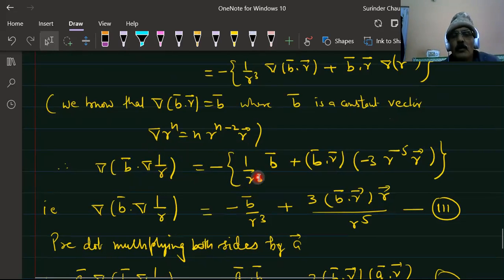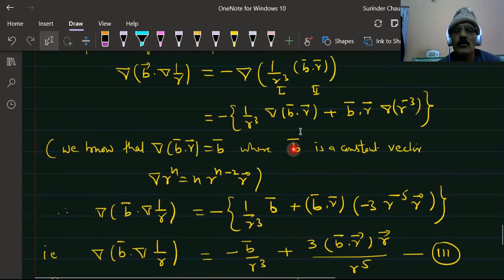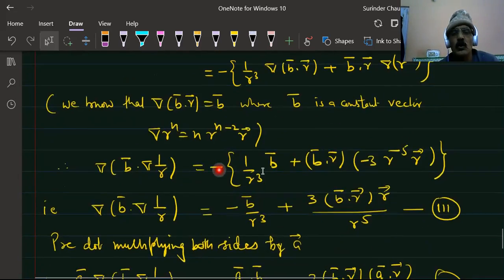Substitute the values. On simplification, we get the value of the gradient of b vector dot r vector.